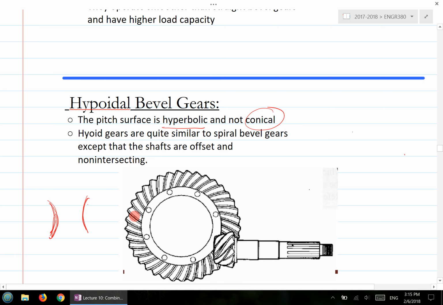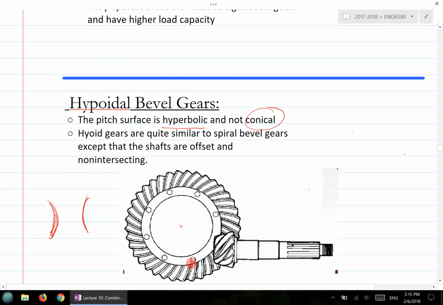But the beauty of this one is you no longer need two intersecting axes of rotation. The driving shaft could be slightly offset from the other shaft. This gives you an advantage in manufacturing, in how the driving shaft connects to the rear wheels, and it avoids some potential problems when you design vehicles, especially the passenger compartment.